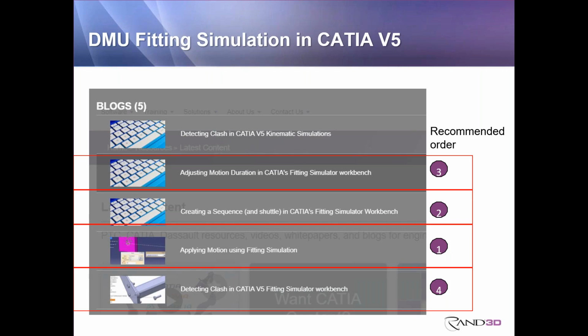So clash, of course, in CATIA simply means an interference. I always like to tell my students that CATIA can make us magicians because in reality, I can't take a solid object and make it fly through another solid object, but I can in the virtual environment of CATIA.